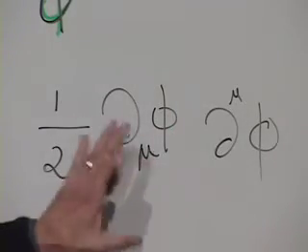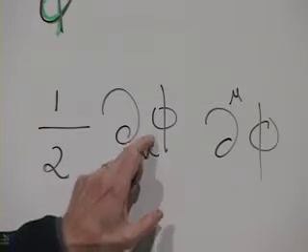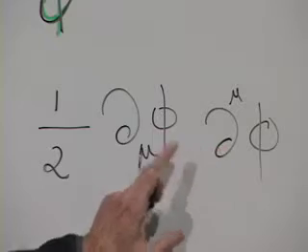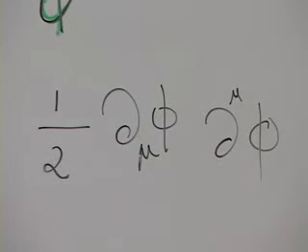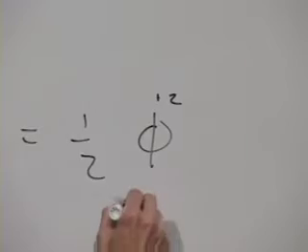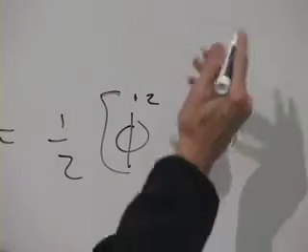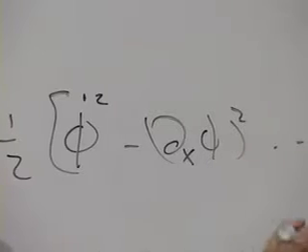But basically, this is just the difference between the time derivative squared and the space derivative squared. This thing here is just 1/2 phi dot squared minus the derivative with respect to x of phi squared, same thing for y and so forth and z.